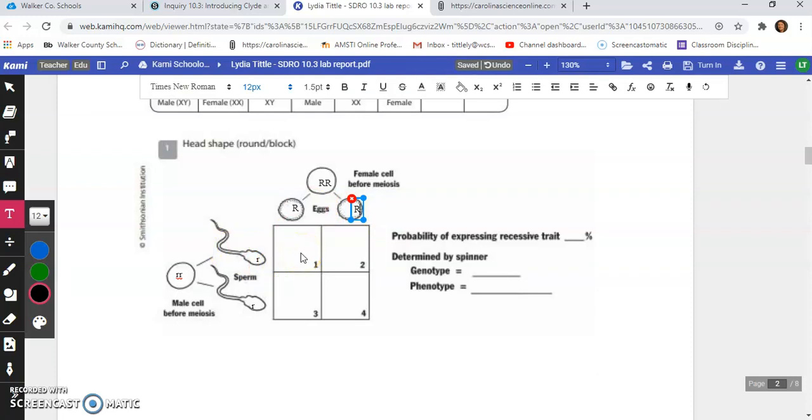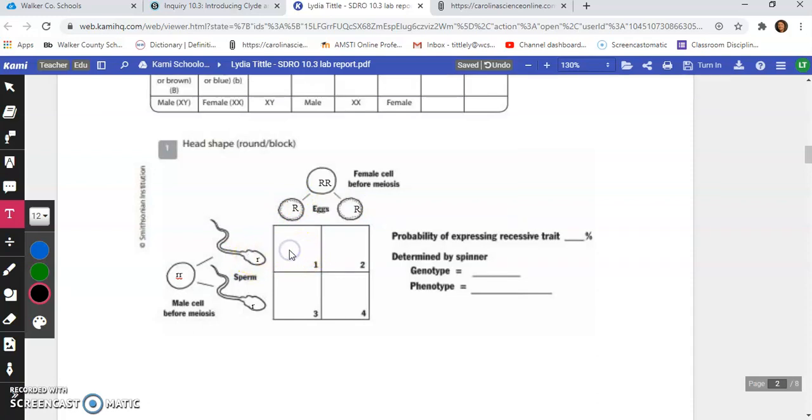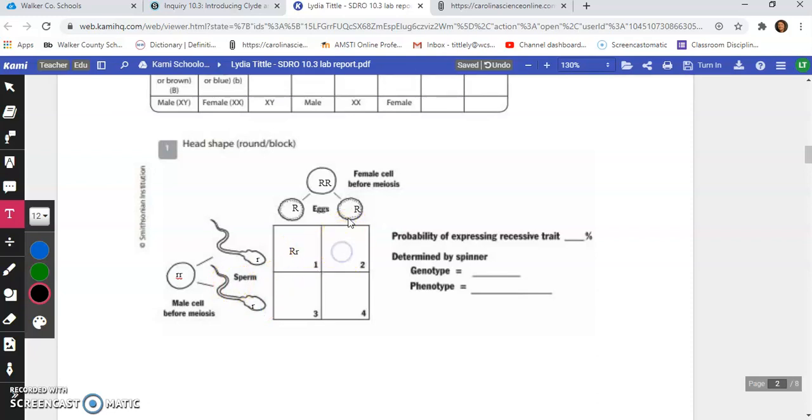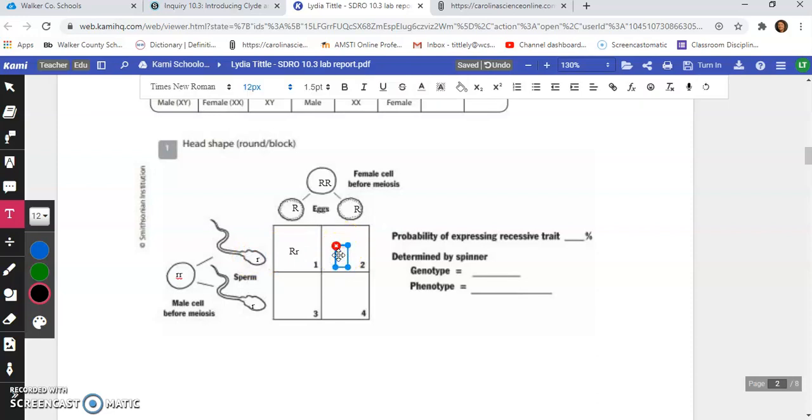If you remember from our Punnett square practice, whatever is here comes down into this box, whatever's here comes over into this box. So in this box, I would have big R, little r. I'm sorry, I did that backwards. Big R from the mother, little r from the father. Okay, in this box, I would bring this one down and this one over. So I'm going to have big R, little r.